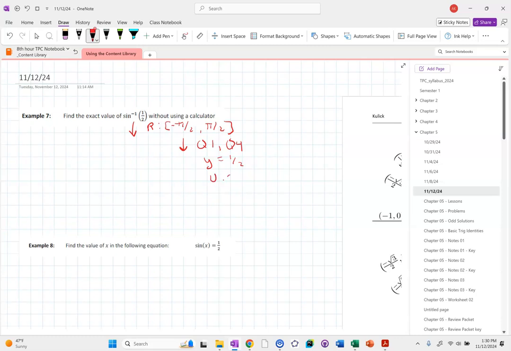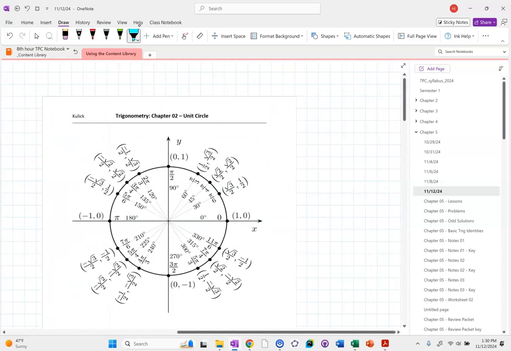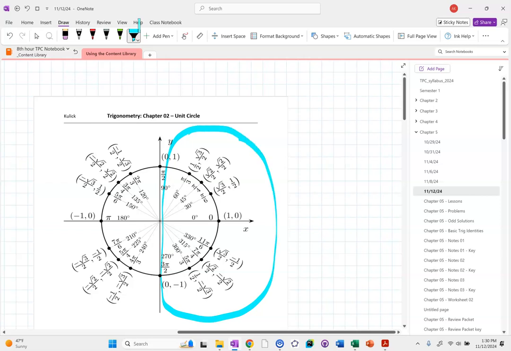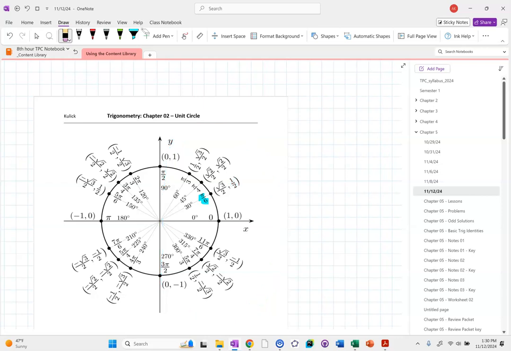So I'll go to the unit circle and see what I find. In quadrants 1 and 4, I'm looking for where y is 1/2. That happens at pi/6. So that's my answer. Everybody feel okay there? Remember doing that?